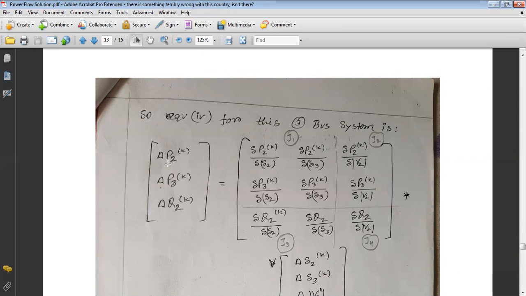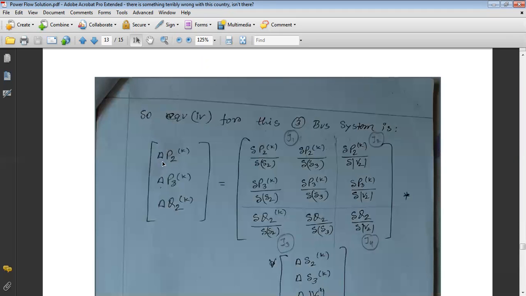For bus 2, P2 is given, so we can calculate the real power mismatch del P2. Next, del P3, because bus 3 is the PV bus, and del Q2, the reactive power mismatch of bus 2.